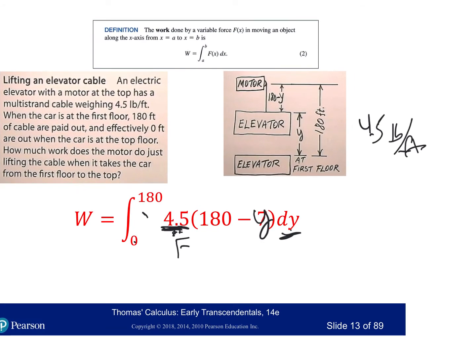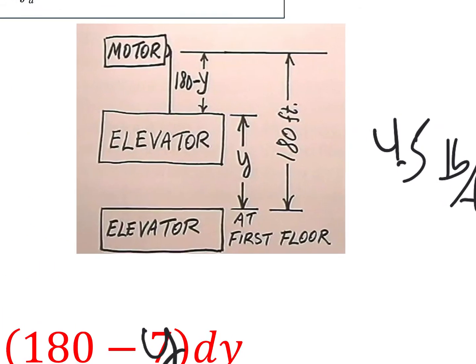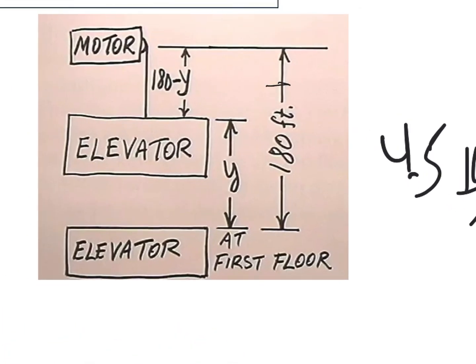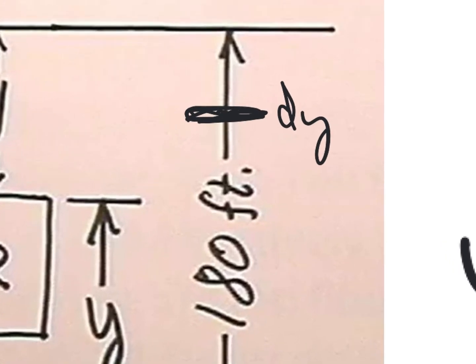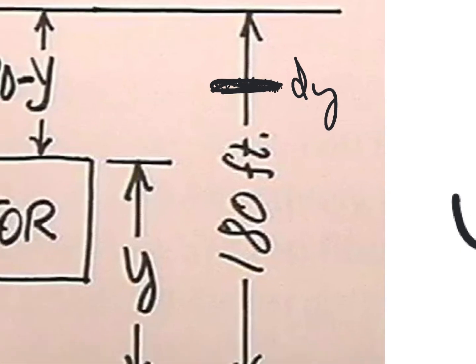So you have to multiply this by how much feet do I have? Well, it is a dy amount of feet. It's a very, very small piece that I am measuring out.